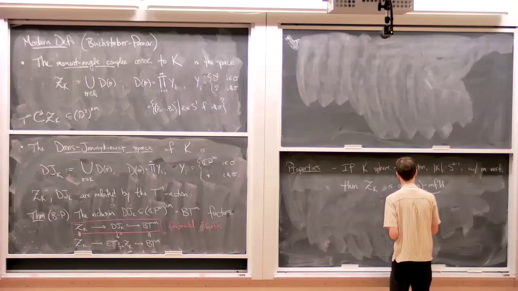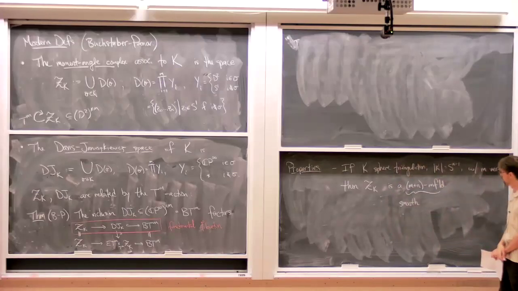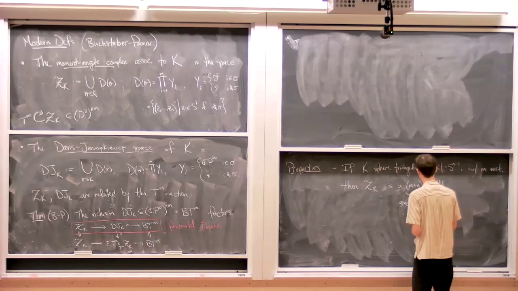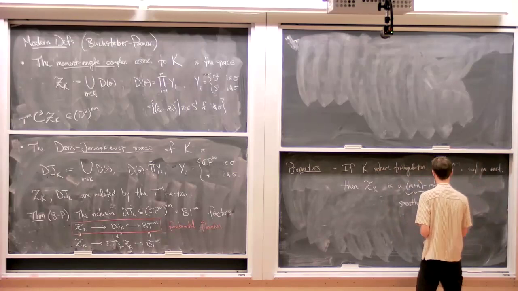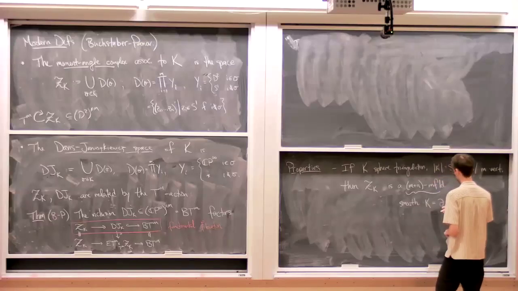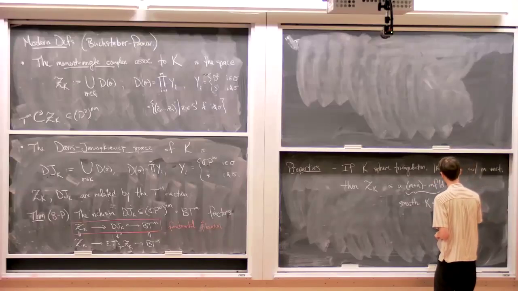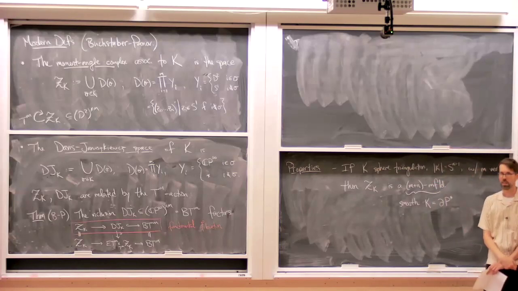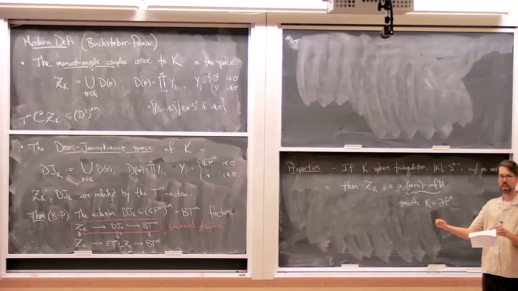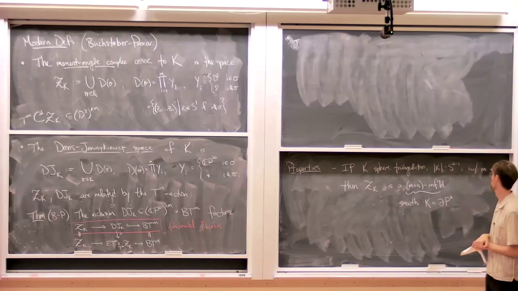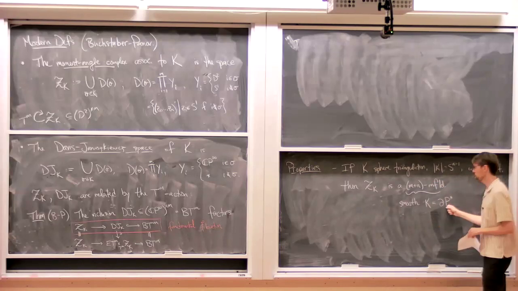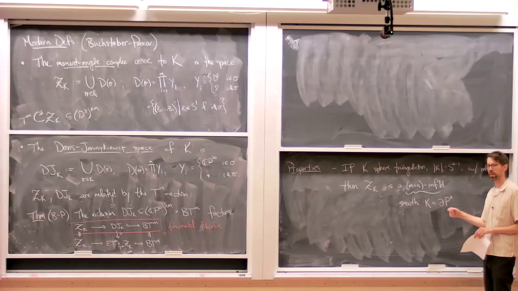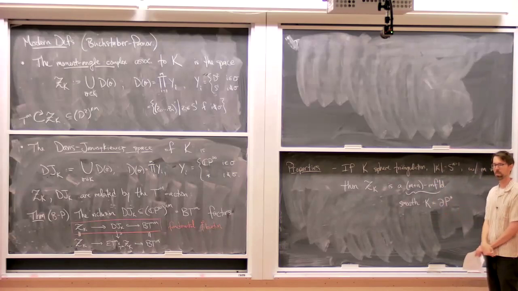if K is coming from a simple polytope, namely if K is the nerve complex or like the boundary of the dual of P. So notice we can associate a simplicial complex to any simple polytope by first taking the dual simple polytope. Remember that gives us a simplicial polytope, and the boundary of a simplicial polytope is a simplicial complex.